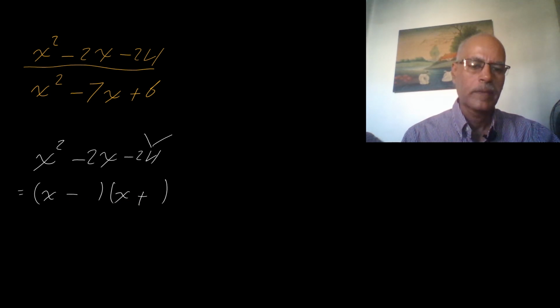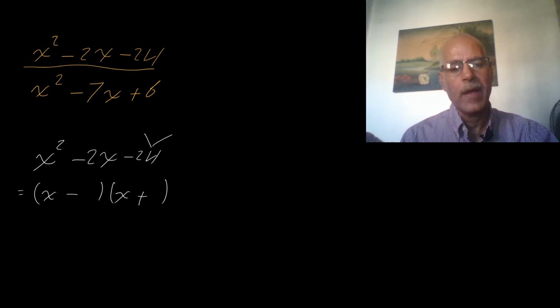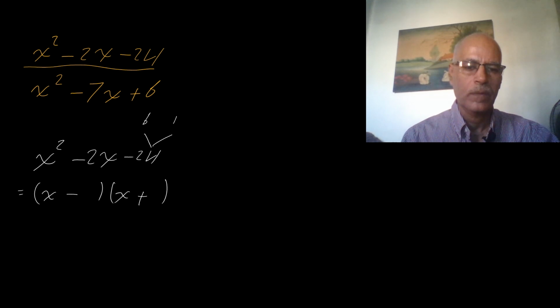I want two numbers that give me 24 and the difference between them is 2. It's 6 times 4. So here it's 6. Why does 6 take negative? Because the middle sign is negative.